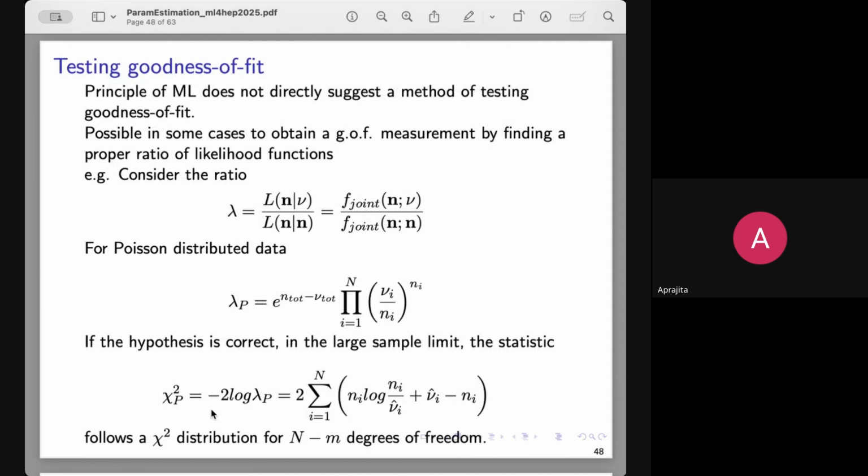Hello, sir. I got the concept of how to apply this maximum likelihood function, but I'm still confused about the meaning behind it. Why do we go for maximum likelihood, and what does it actually mean?